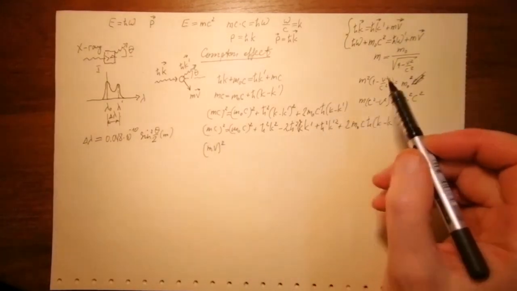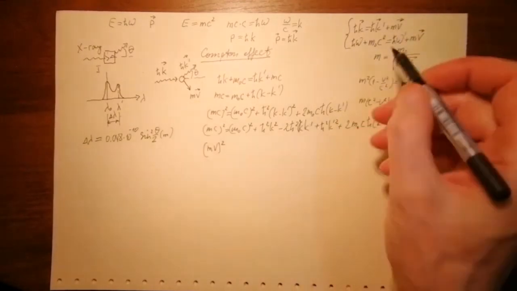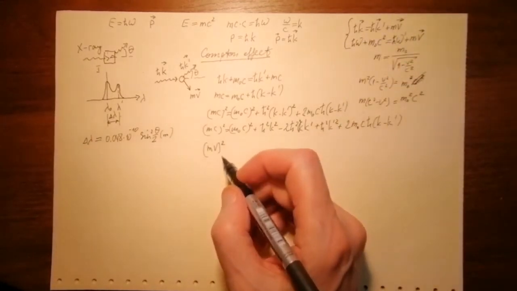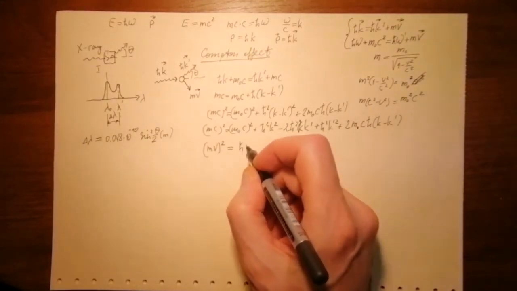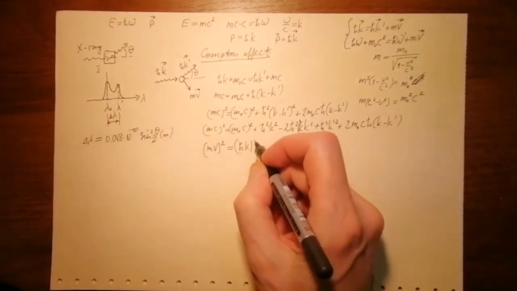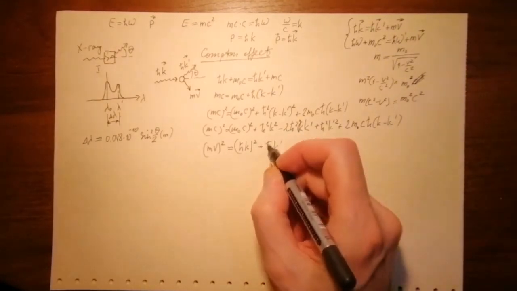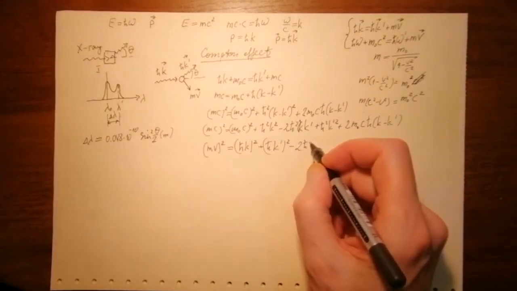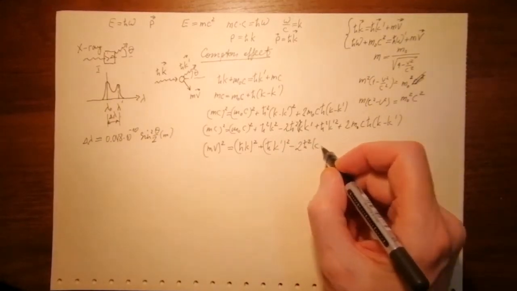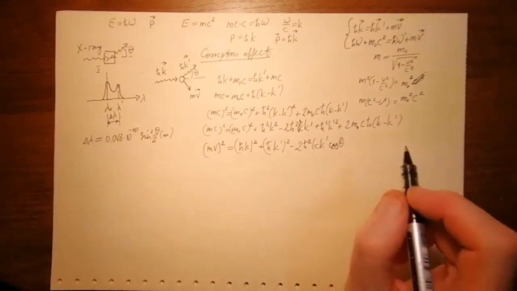Now from another equation we will obtain this one. So when we square this equation, we have mv squared is h squared k squared plus h squared k prime squared minus 2h squared k k prime cosine theta.